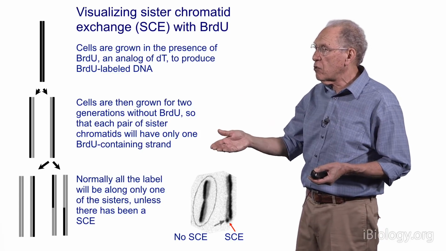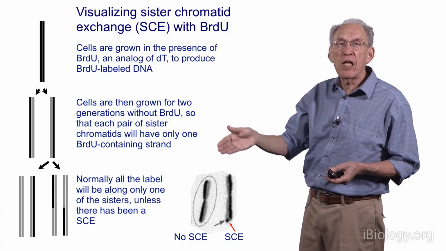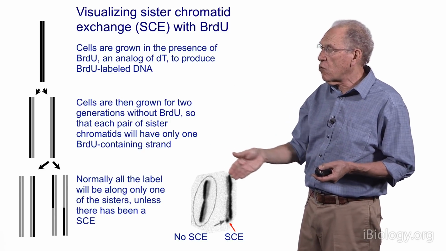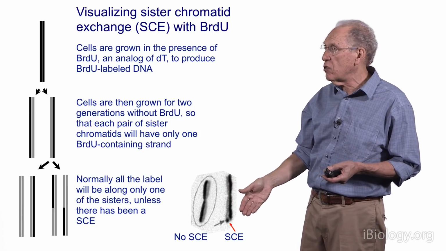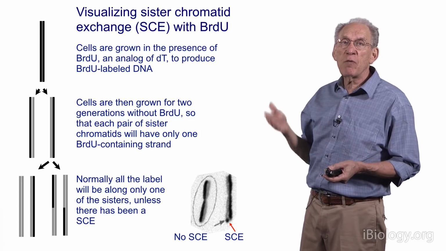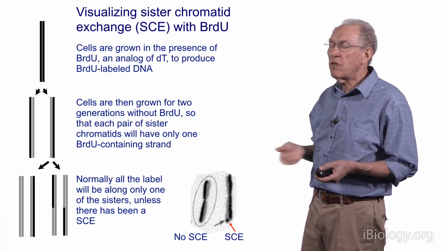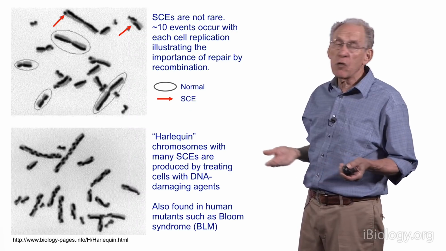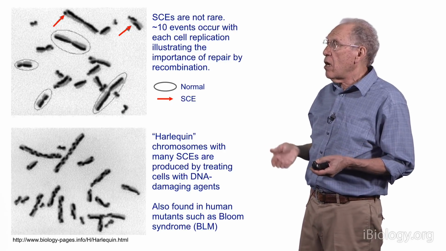If there's no sister chromatid exchange, then you see a single continuous line of labeling on one of the 2 sister chromatids. But if there's been a sister chromatid exchange, now some of that label is exchanged to the other sister, as you can see here. And this turns out to be a very potent way of understanding how often these events happen in cells. And it turns out they're frequent, surprisingly frequent.